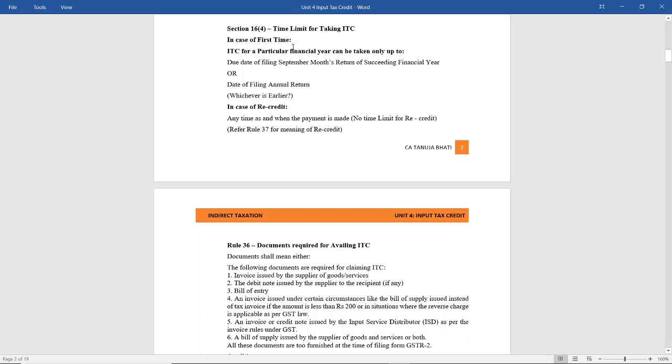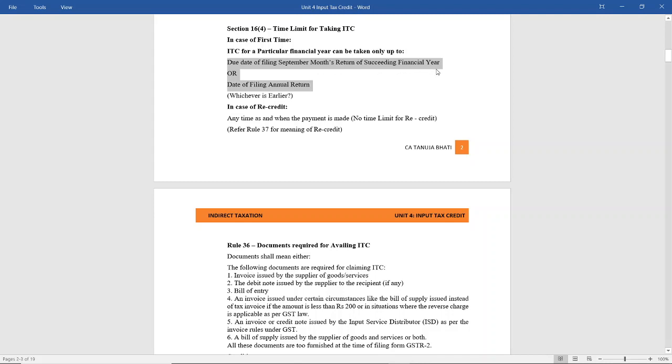Now, we have seen the provisions for inputs and capital goods. What is the time limit of taking ITC? Suppose I make a purchase today. Can I take the credit of the tax I paid on my purchases up to n number of years? No, there is a time limit. If you are taking the ITC for the first time, it can be taken up to the date of filing the annual return or the date of filing September month's return of the succeeding financial year.